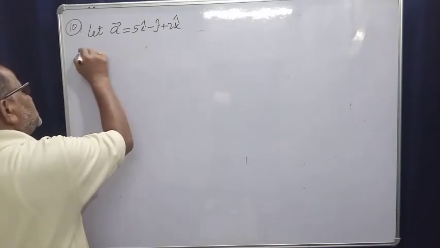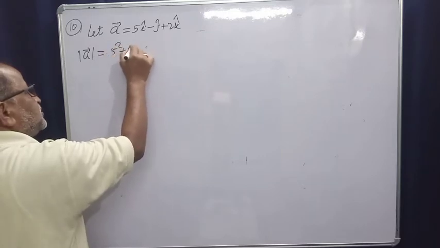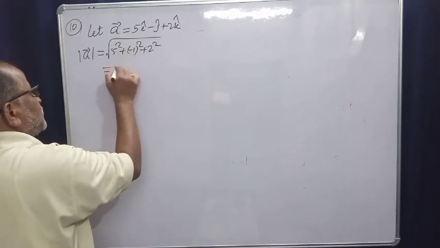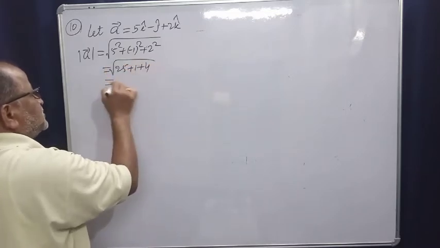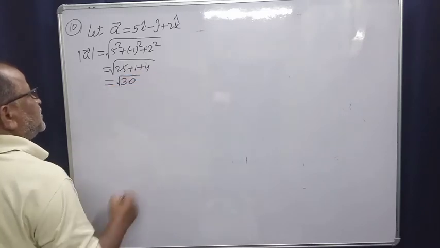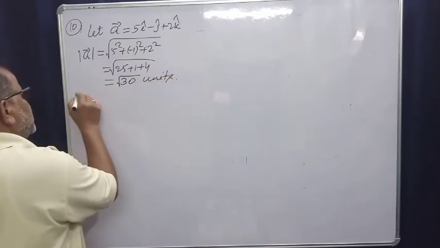First find out the magnitude. Magnitude is equal to square root of 5 square plus (minus 1) square plus 2 square, that is equal to 25 plus 1 plus 4, that is square root of 30 units. Right? This is the magnitude.